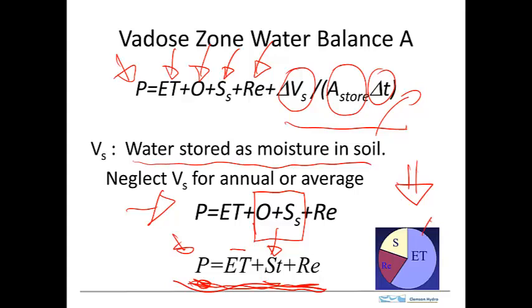And so ET is set up here as 60% of precipitation, so it's 0.6 of this area. And what I'm showing here with the pie distribution is that the storm flow and the recharge are each 20%. So that's 20% of rainfall, and that's 20% of rainfall. And this is 60% of rainfall.